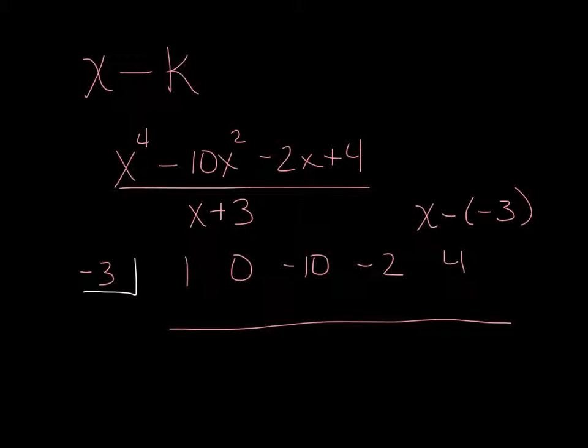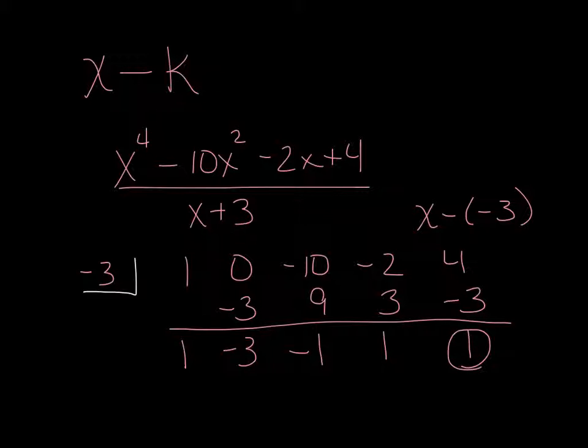And we just bring down the first term, 1. Then we multiply by what's in the box, by the negative 3. We add, and then we multiply. We add, and then we multiply. We add and multiply. And this is our remainder.